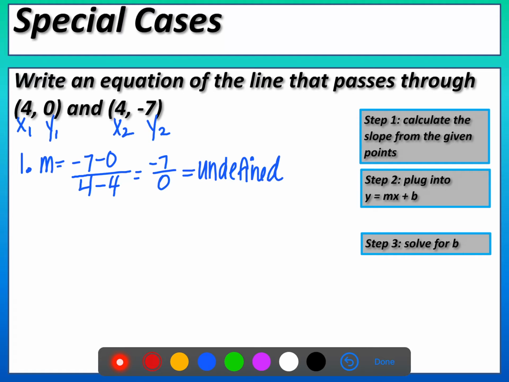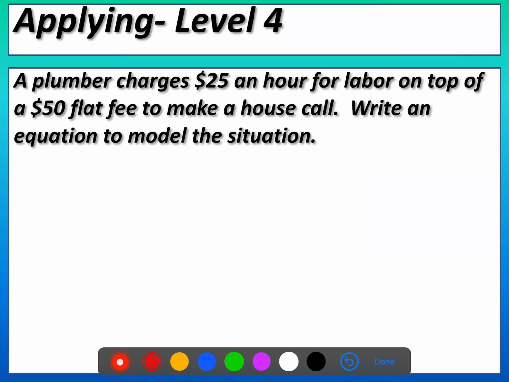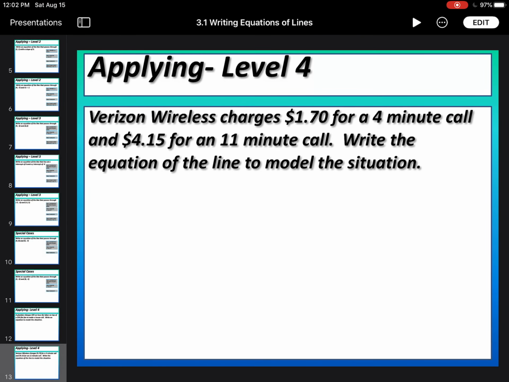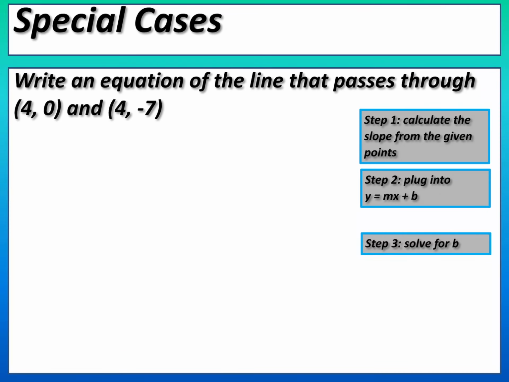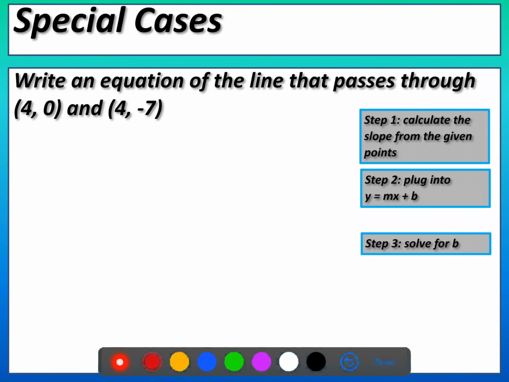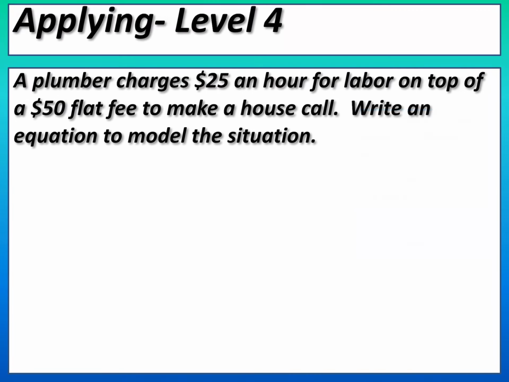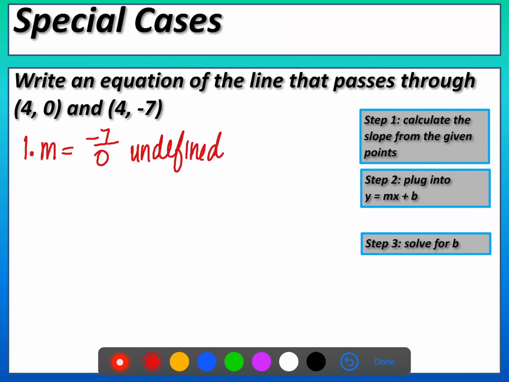So I have to think, what kind of line has an undefined slope? Okay, so an undefined slope is a vertical line.